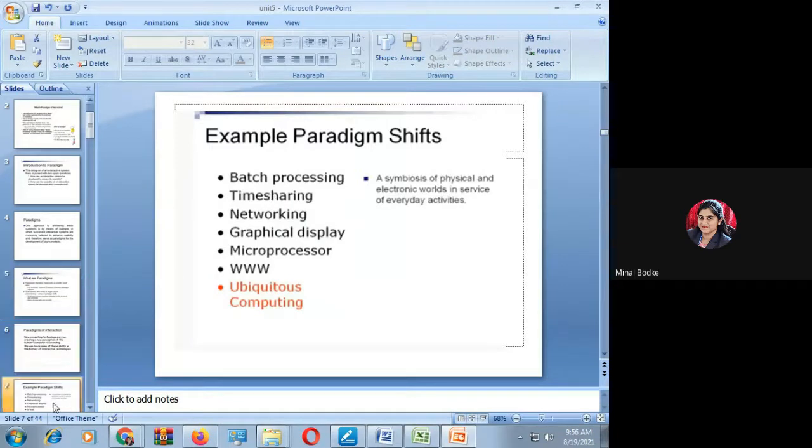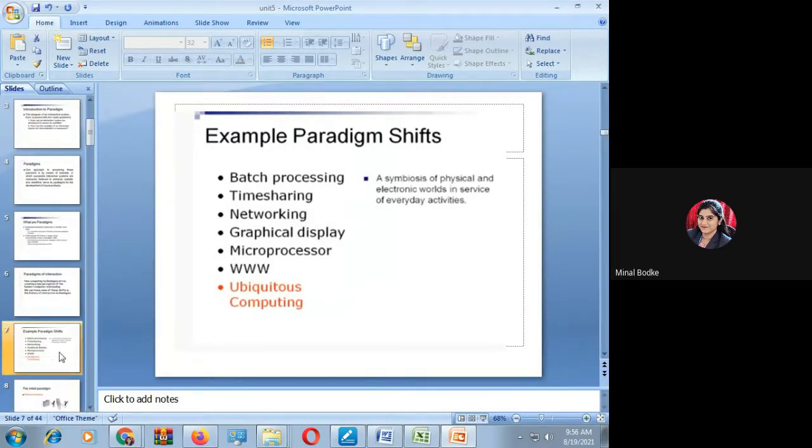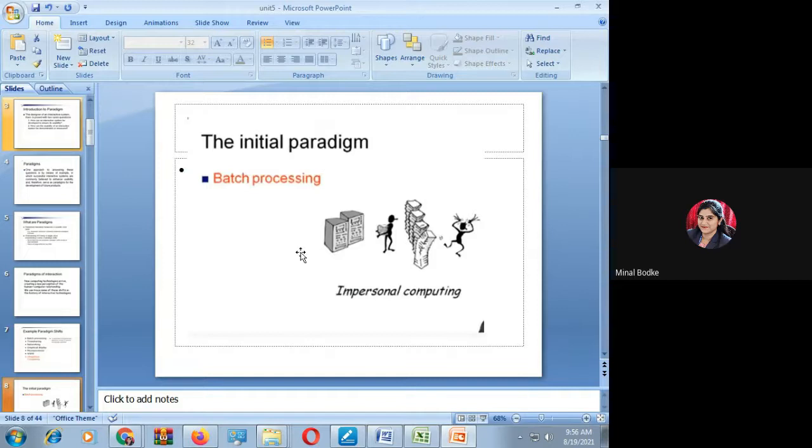Does anyone know what is batch processing? See, in the first generation you have the vacuum tube, and these computers basically depended on batch processing. It began with the use of punch cards.